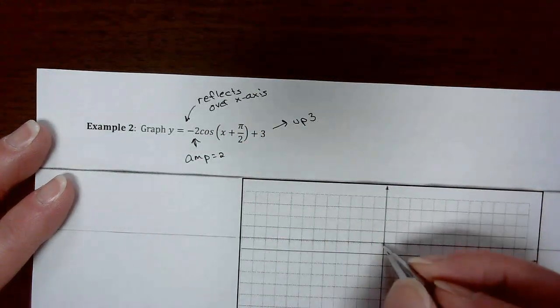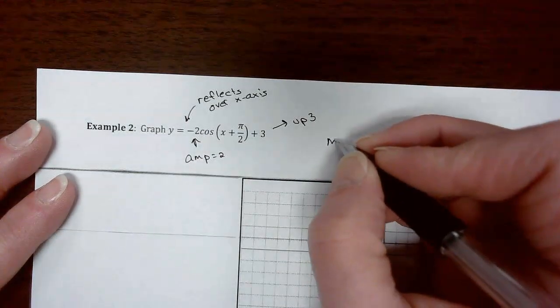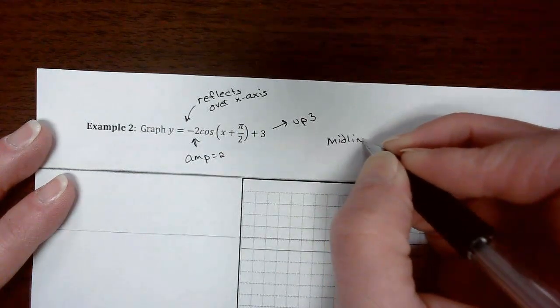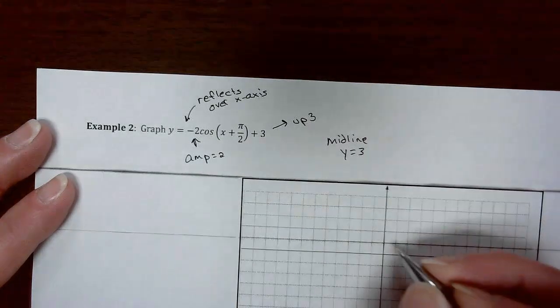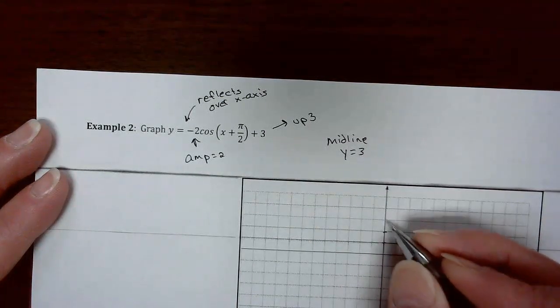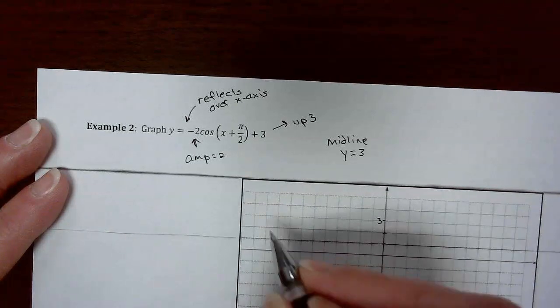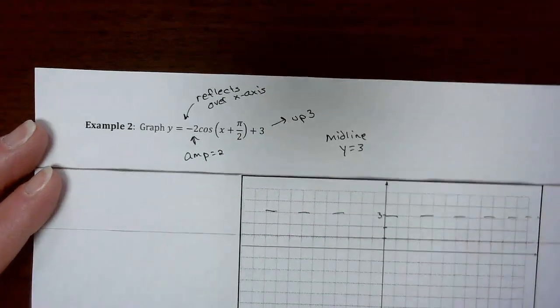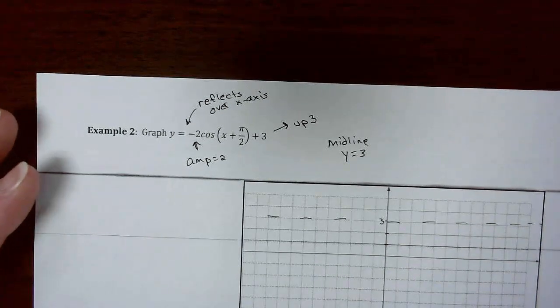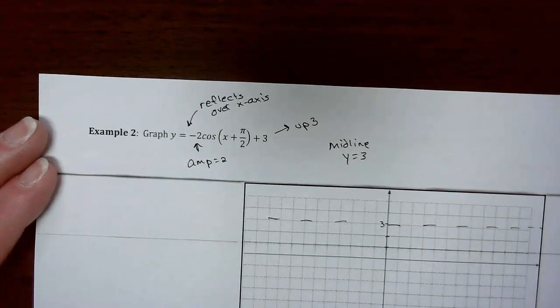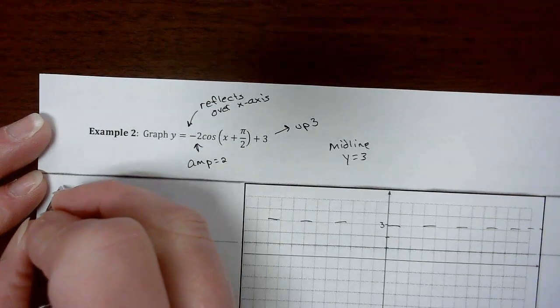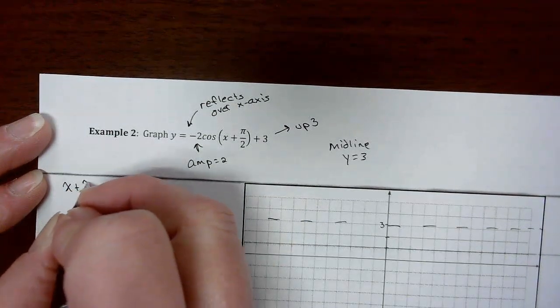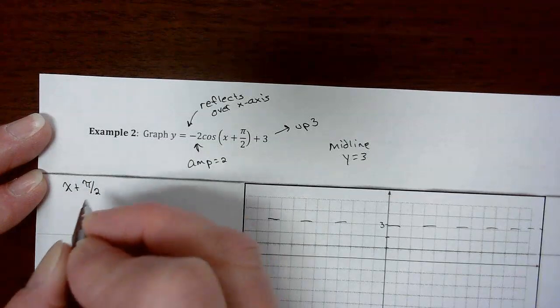So I'd actually have my midline would be at y equals 3. So I'm moving up 3. 1, 2, 3. So here's 3. And I'm going to put a dashed line for the midline. And that's going to be my center point instead of the x-axis. That's my midline.